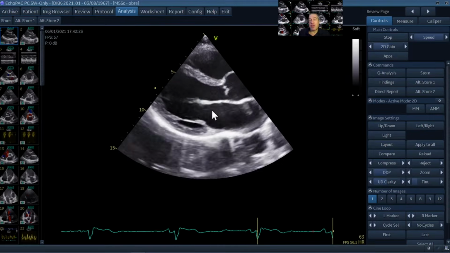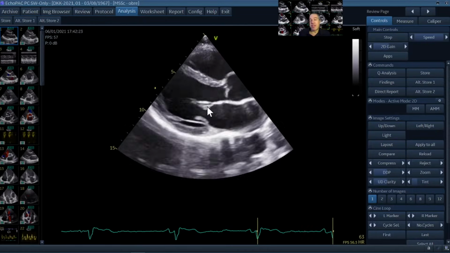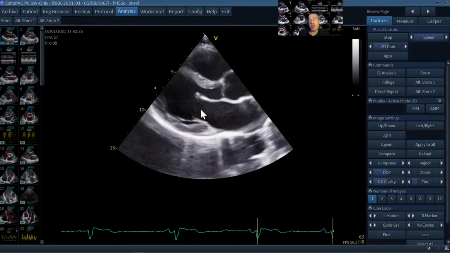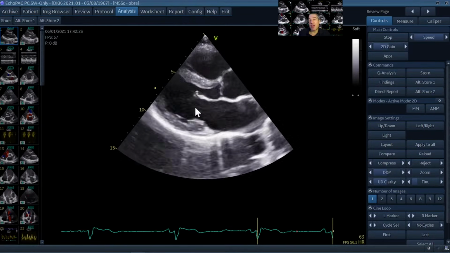The same holds true for the mitral valve. The mitral valve, you also see here the chordae tendineae, the chordae which prevent the mitral leaflets from prolapsing into the left atrium. You might even notice here that there are different types of chordae. There are the primary and the secondary chordae.